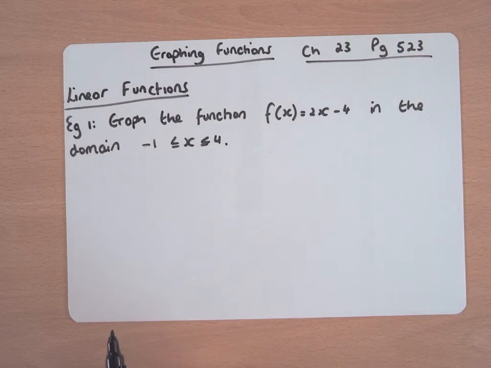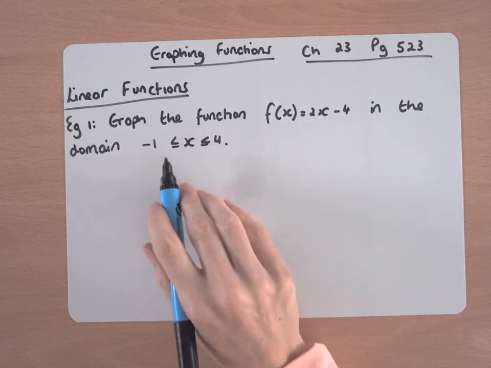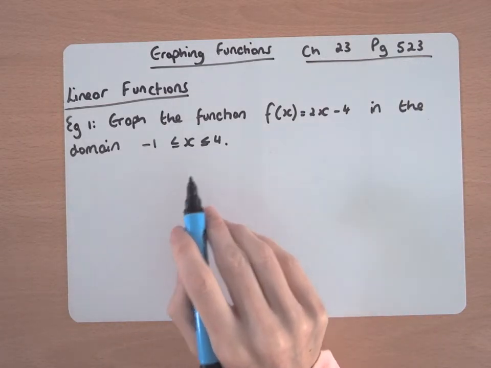Graph the function f of x equals 2x minus 4 in the domain minus 1 less than or equal to x less than or equal to 4.